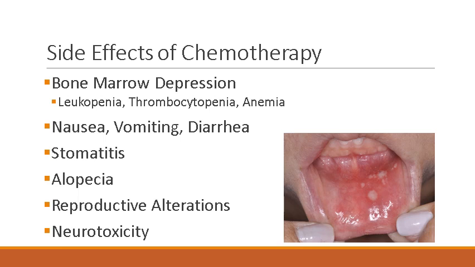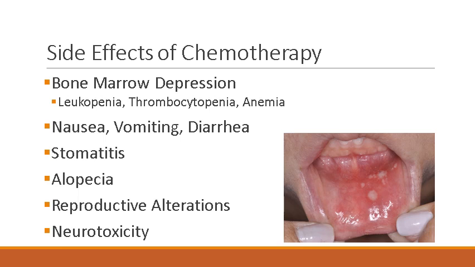This is going to put these clients at increased risk of bleeding and bruising and can require them to potentially have a platelet transfusion. Remember that normal platelets are about 150,000 to 400,000, so something to keep in mind. Anemia can also happen. This is related to reduction in red blood cells and may require a blood transfusion.